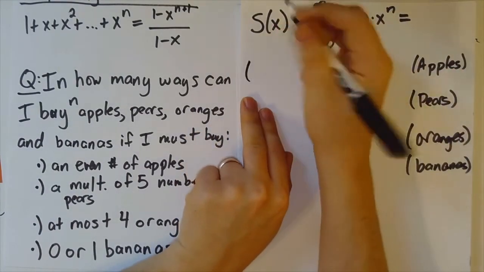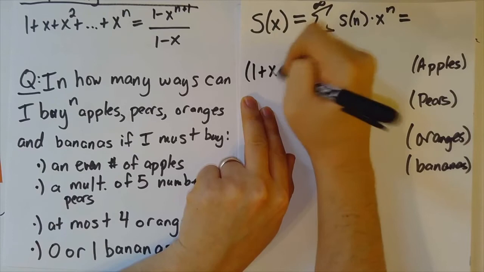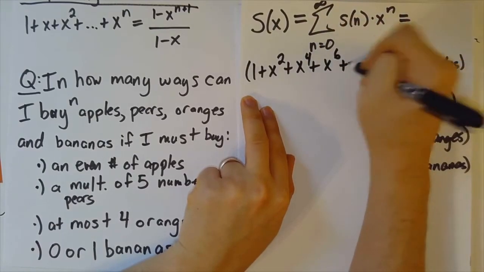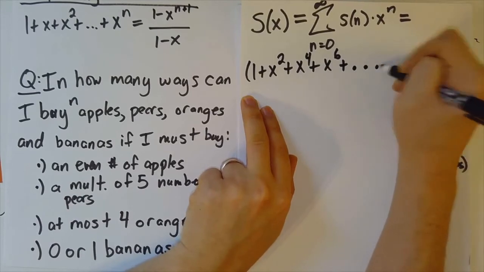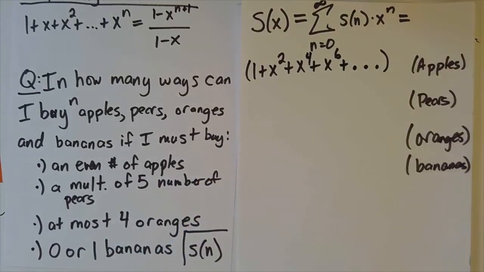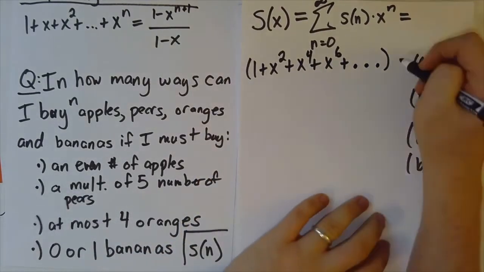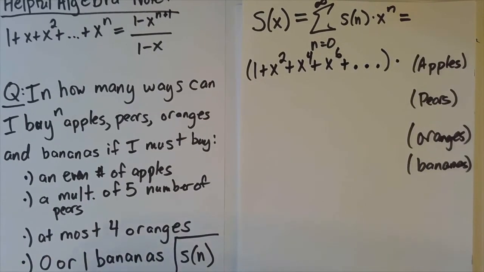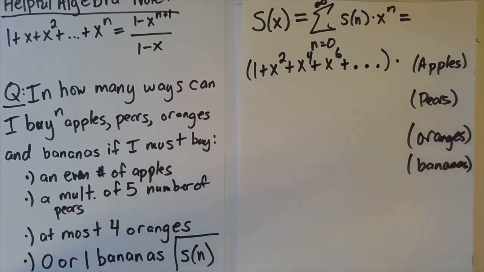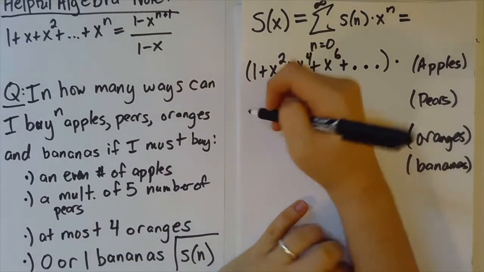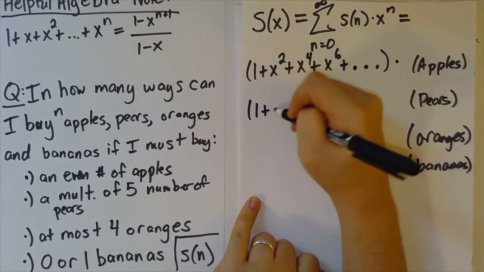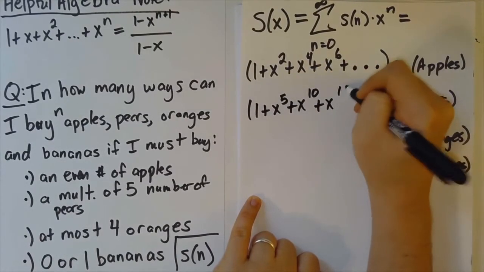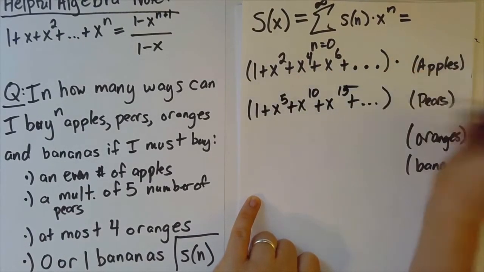So that would be this, and so on like that. Times, and I'm allowed to buy only a multiple of 5 number of pears, so that'll be 1 plus x to the 5th plus x to the 10th plus x to the 15th plus dot dot dot.